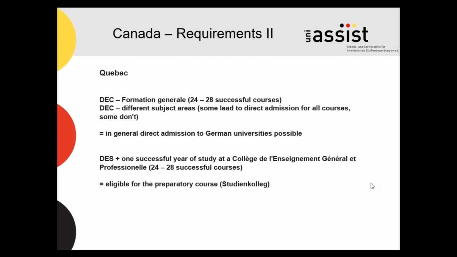Or you can apply with a diplôme d'études collégiales from different subject areas. But then we cannot say at the moment if it's possible to apply for all courses, or you are eligible only to apply for some courses. That is, your admission is subject restricted.